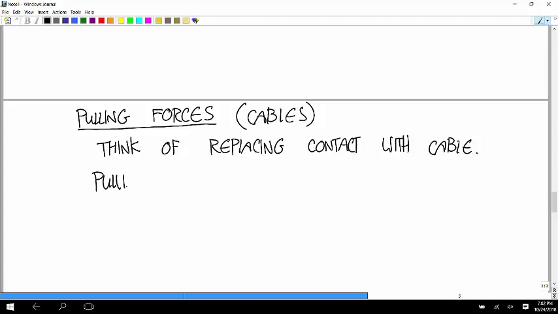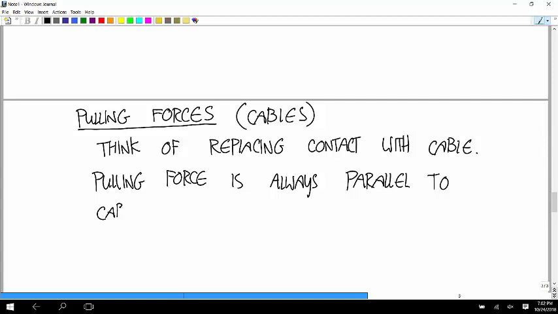Once you do that, the pulling force is always parallel to the cable and away from the chosen object. So pushing forces are always toward the chosen object. Pulling forces are always away from the chosen object.